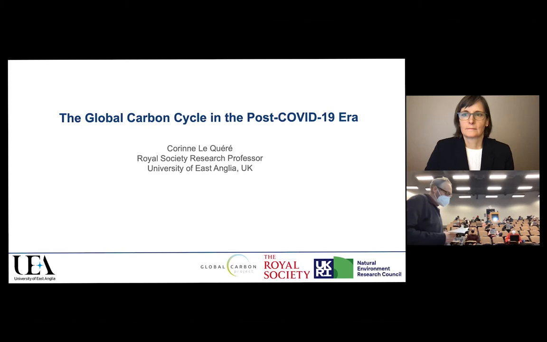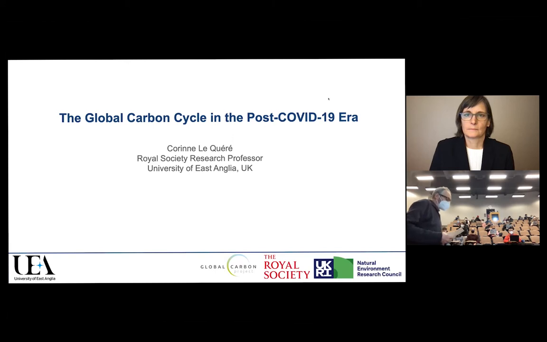She's the Royal Society Research Professor of Climate Change at the University of East Anglia. She got her bachelor's at University of Montreal, master's in atmospheric science and ocean science from McGill, and a PhD in oceanography in Paris. Her research is on the interactions between climate and the carbon cycle, looking at how climate change and variability affect land and ocean sinks of carbon, and also the drivers of CO2 emissions.